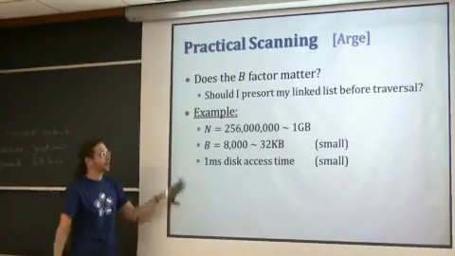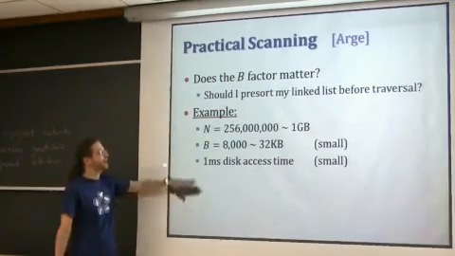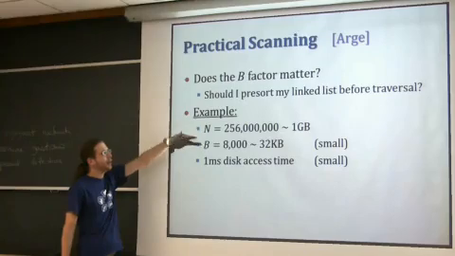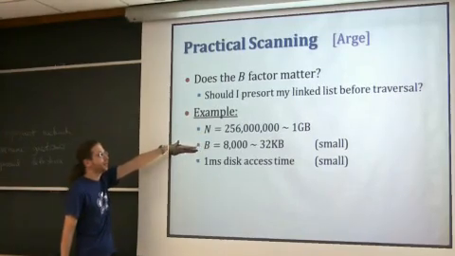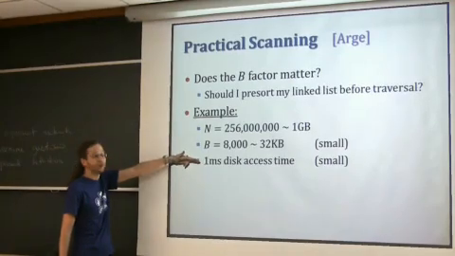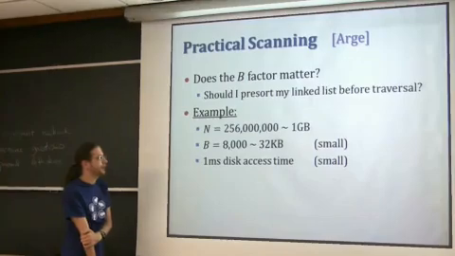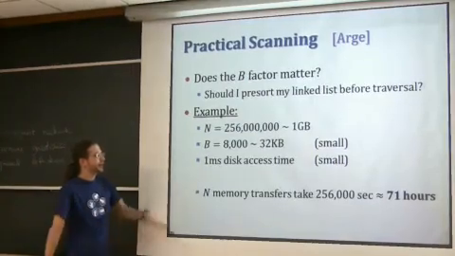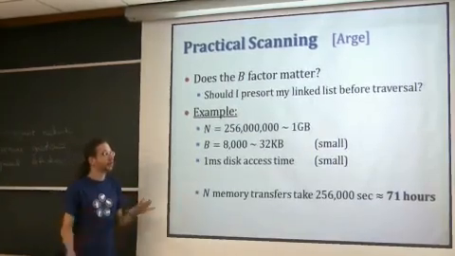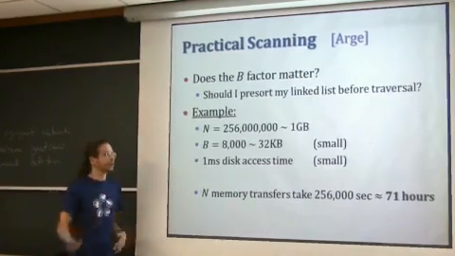And this is back of the envelope, just computing what things ought to be. If you have about 1 gigabyte of data, a block size of 32K, which is probably on the small side, and a 1 millisecond disk access time, which is really fast, usually at least 2 milliseconds, then if you do things in random order, every access is going to require a memory transfer.